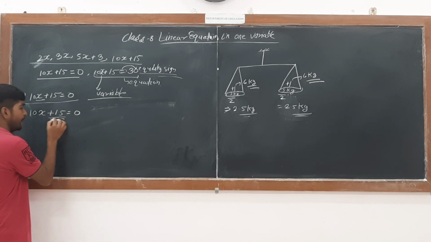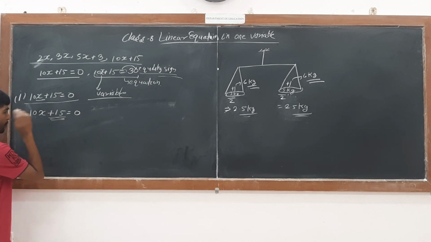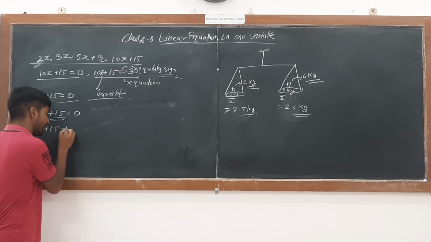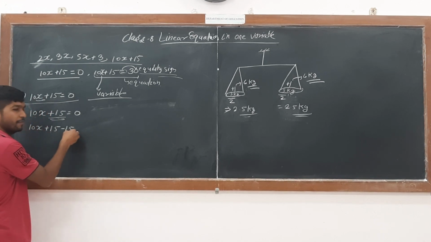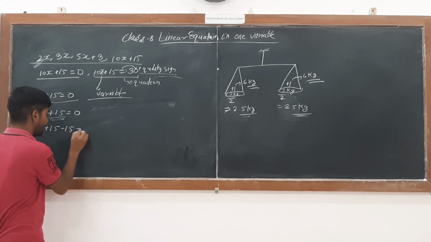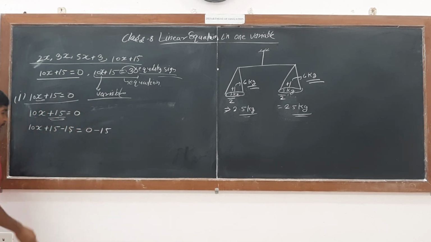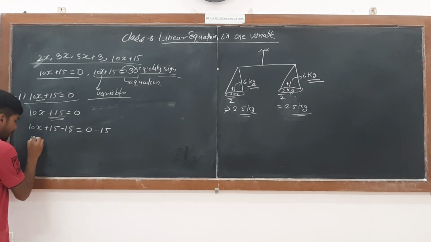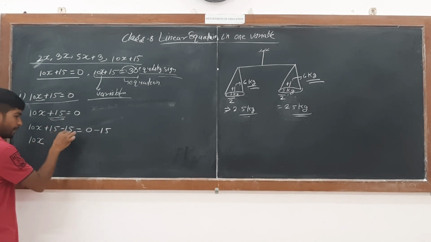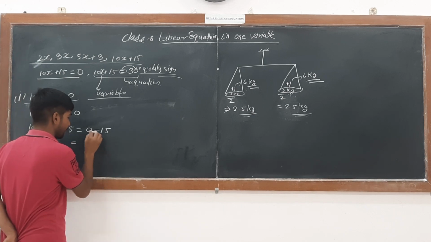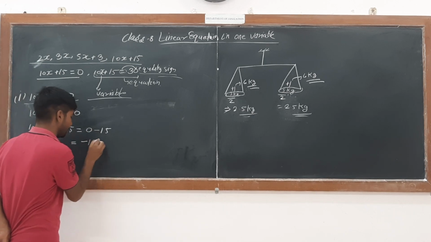Here this 15 is added. If I want to remove it, if I subtract 15, then 15 minus 15 will give me 0. So if I am subtracting 15 here, I will subtract 15 on the other side as well. Now we have 10x plus 15 minus 15, which gives 10x, and that is equal to 0 minus 15, which gives minus 15.